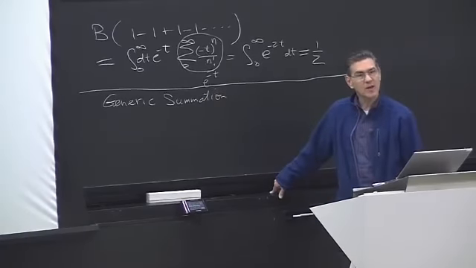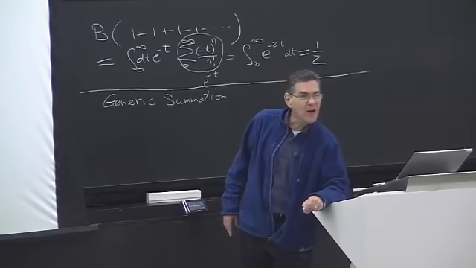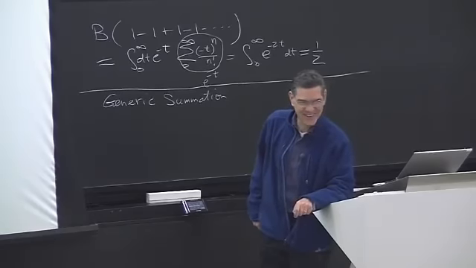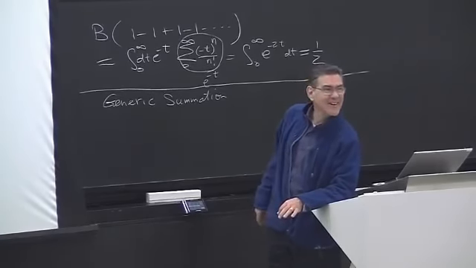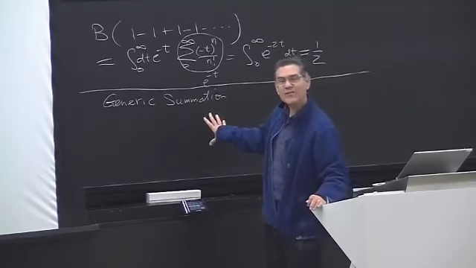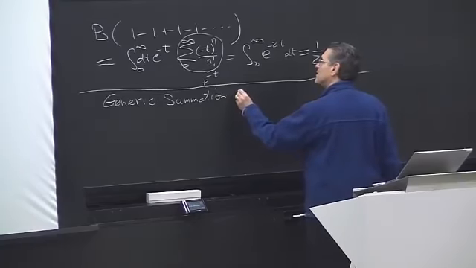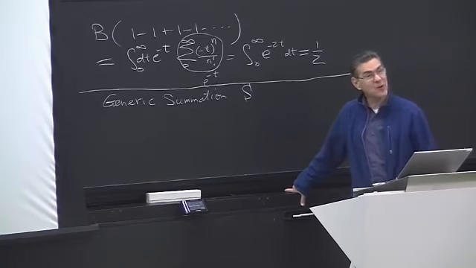summation machine. And to make sure that it's generic, I'm not going to tell you what it is. It's a secret. It's just some random procedure. And I'm going to give it a name. I'm going to call it S for sum. But I'm not going to tell you how it works.